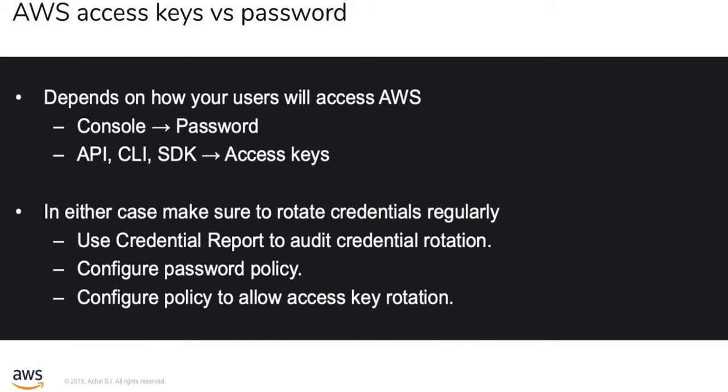If the user is accessing through the console, he would use the password, and if the user is accessing through API, CLI, or SDK, he would be using access keys. These are the two credentials that would be provided with different sets of interfaces.